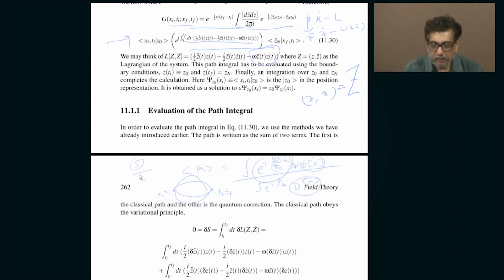Now, this coherent state path integral is not about studying the path integral using this approach, where you integrate over paths and your action depends on the generalized position and the generalized velocity.